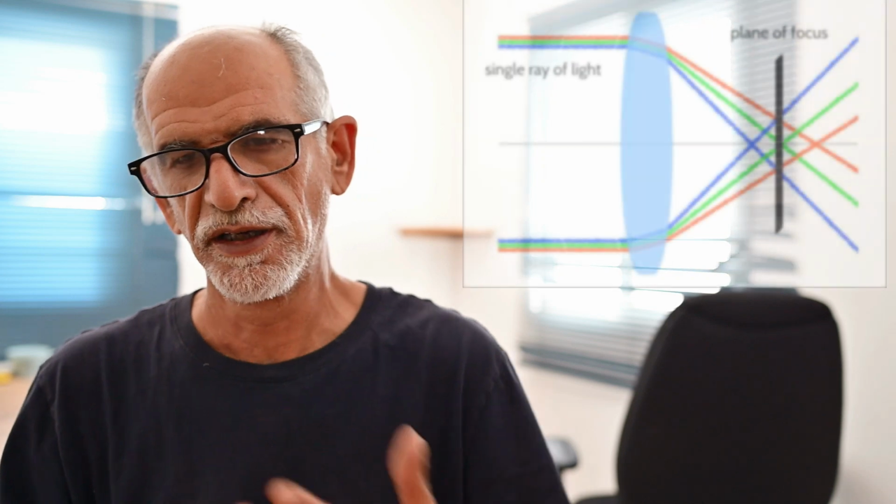The second property of glass, which is related to refraction, is dispersion. You see, not all light changes its angle to an equal degree.